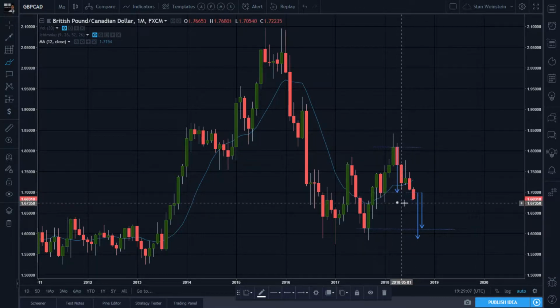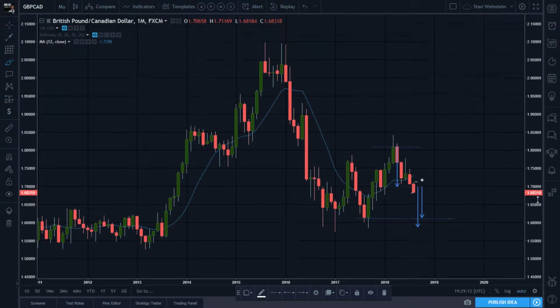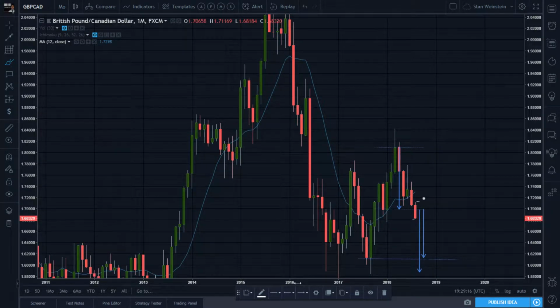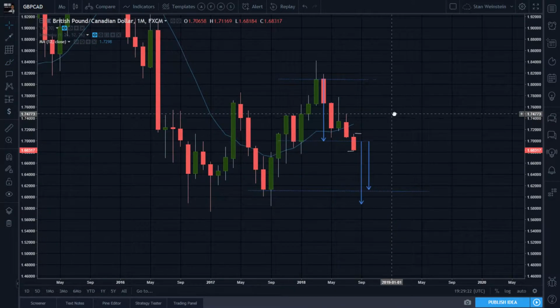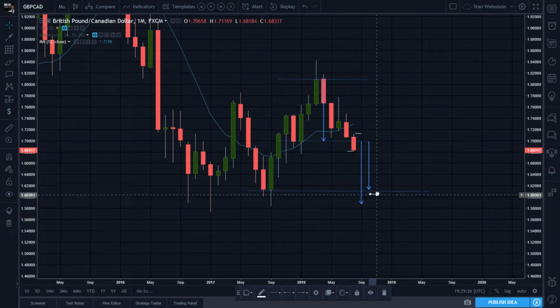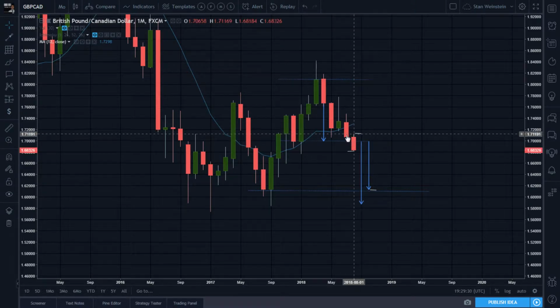So let's say it ends here, and then after that I put my sell stop here above that candle. Let me zoom in. And I'd put my profit limit right here at the target. That's my risk.